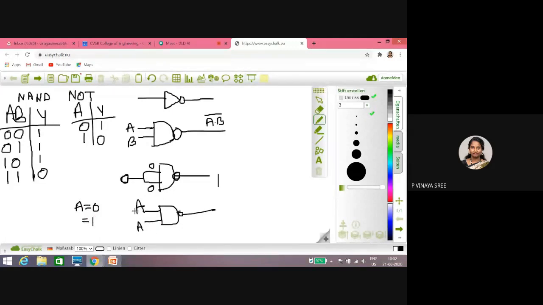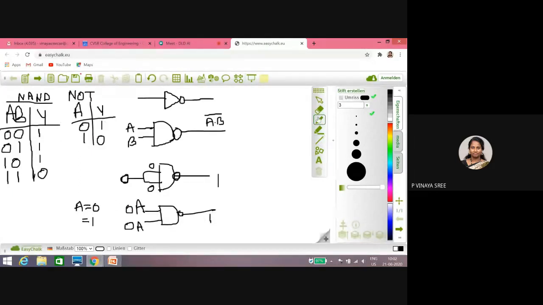If A equals 0, as the inputs are the same for both, you will get 0 0. So if 0 0, according to this NAND symbol, you check the NAND truth table. If it is 0 0, the output that you are getting is 1. Yes, again it is working as NOT.